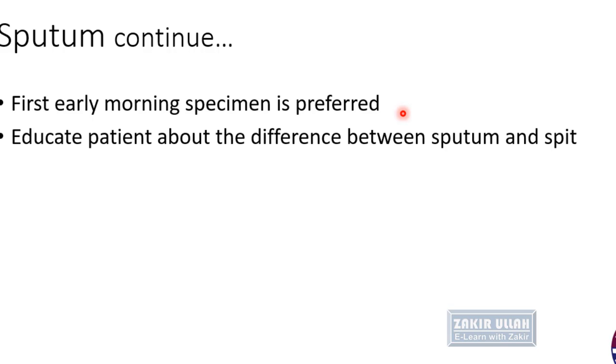For that purpose, you have to educate the patient about the difference between sputum and spit or saliva, because for sputum you have to give a deep cough. Sputum is given with a deep cough, whereas saliva or spit is present in the oral cavity, in the mouth.